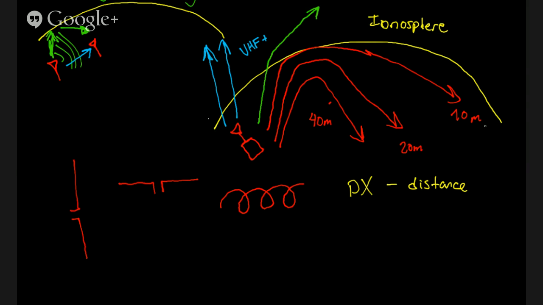And because the atmosphere is constantly changing, it'll cause the polarization to fluctuate back and forth. That's where we get that elliptical polarization from, which will cause the signal to fade in and out. So we might be hearing a station strongly at one point and then have it fade out again during skip propagation.